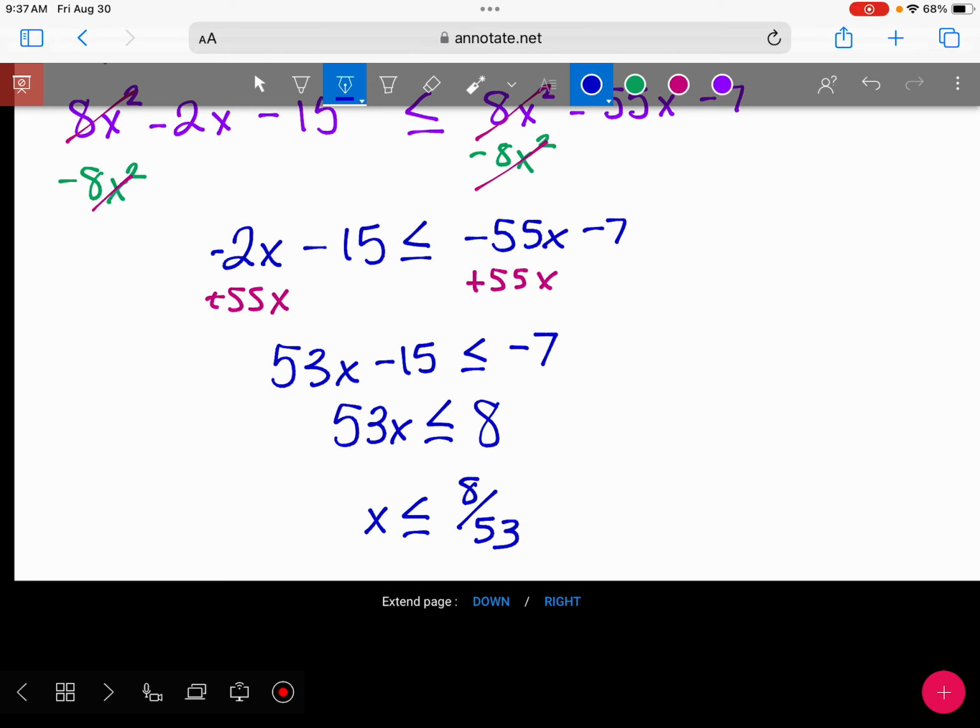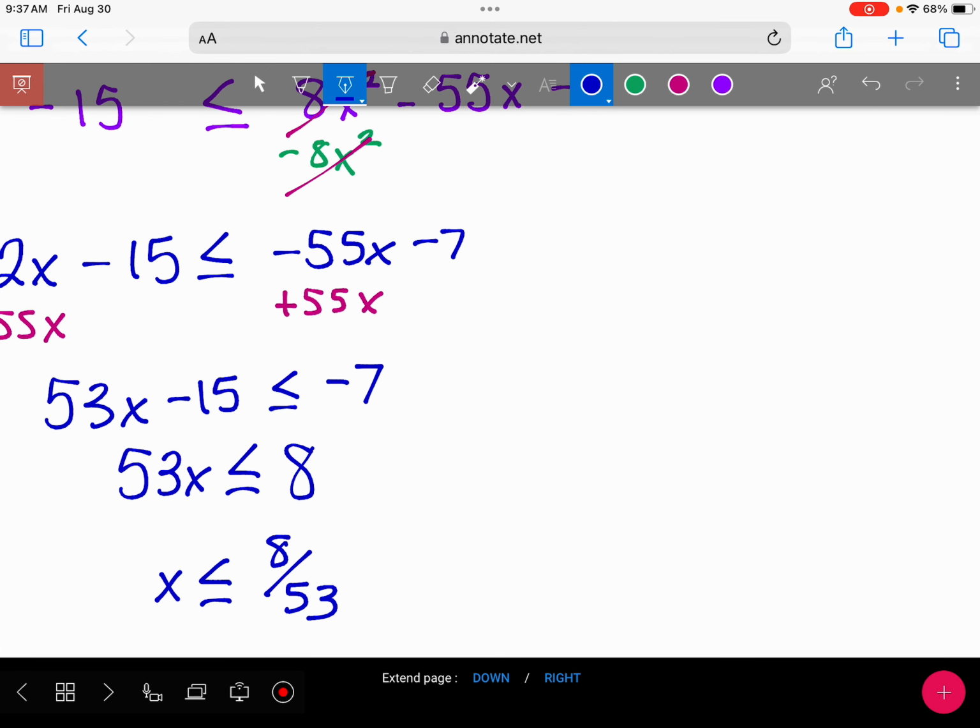So what's our interval going to be? Negative infinity to 8 over 53. Parenthesis on negative infinity, because we never put a bracket on infinity, because infinity is an idea, not a number. And we put a bracket on 8 over 53 because it has that equals to on it.